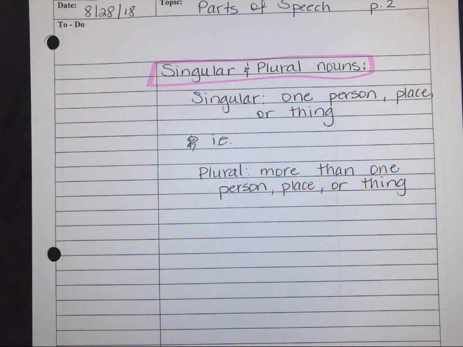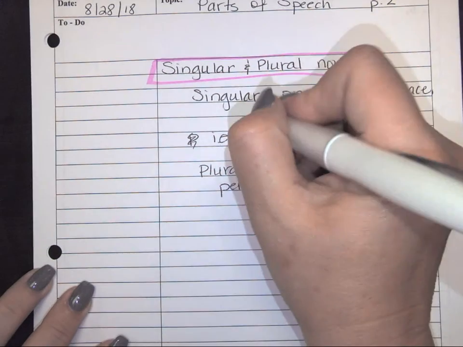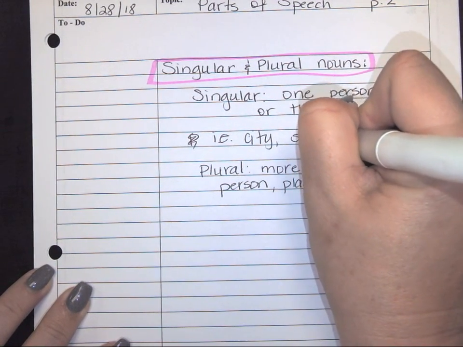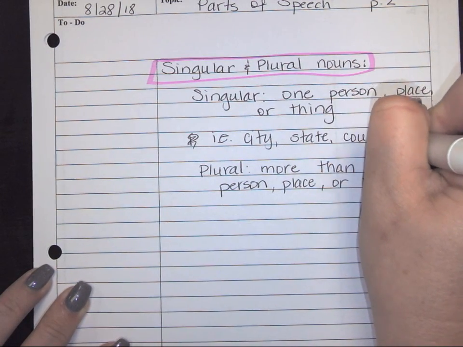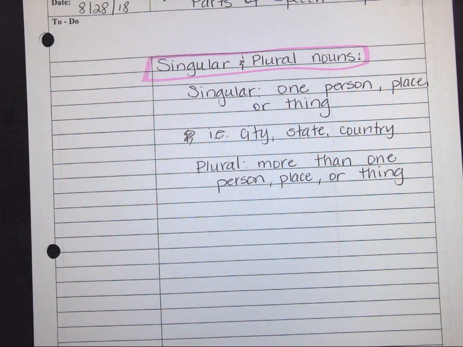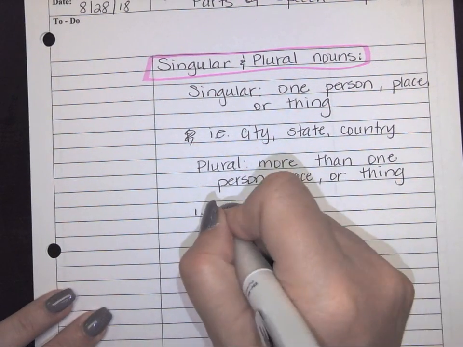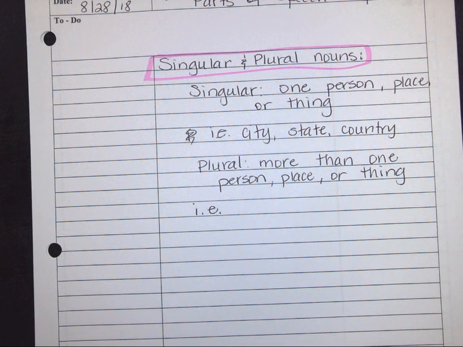It's only one. All right, so going back to our common nouns, we had city, state, and country. Those are all singular nouns. You guys writing still?